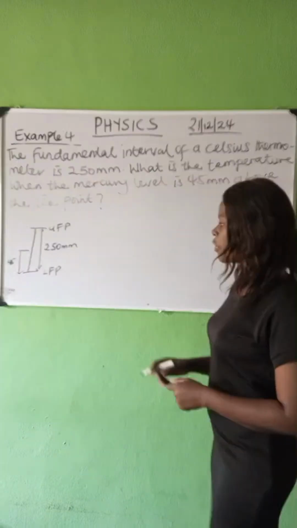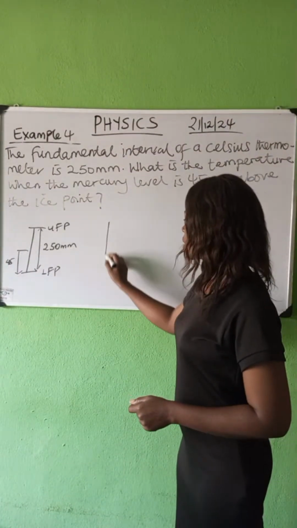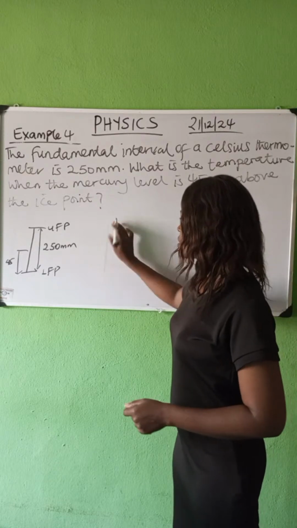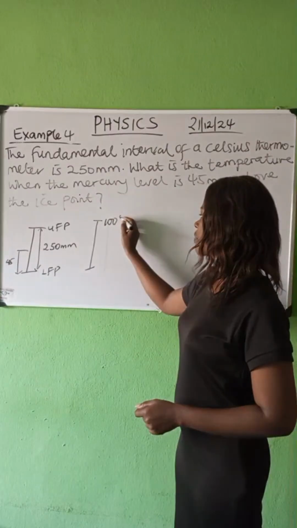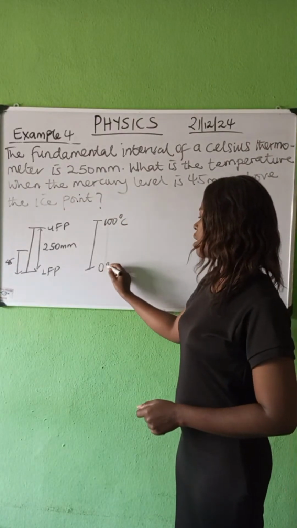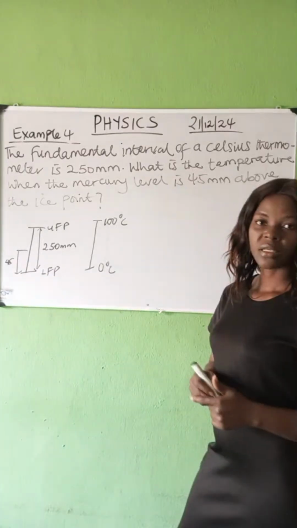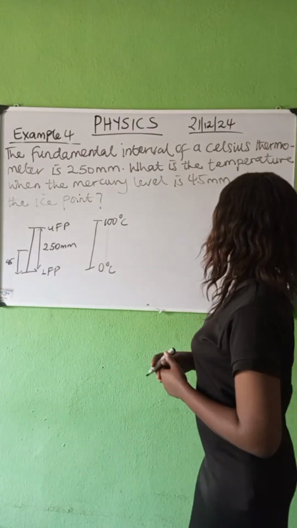Is that okay? And we are comparing it with what? A Celsius scale, with a Celsius scale which has upper fixed point to be 100 and lower fixed point to be what? 0. Now, what are we looking for?